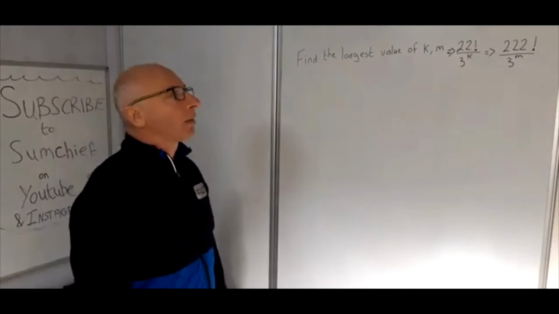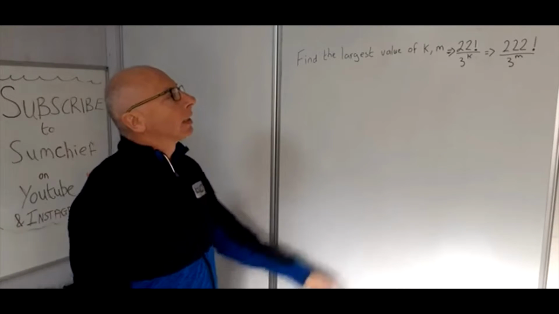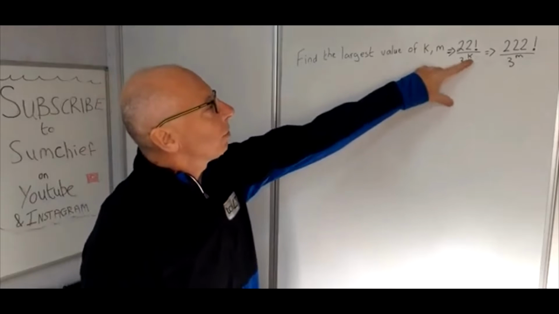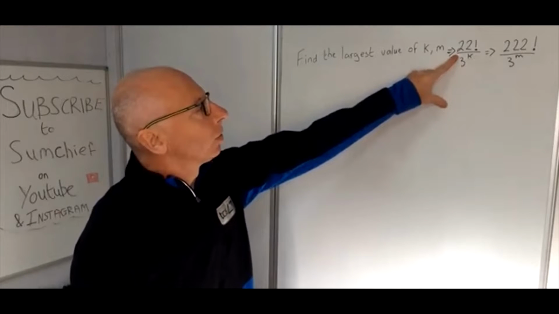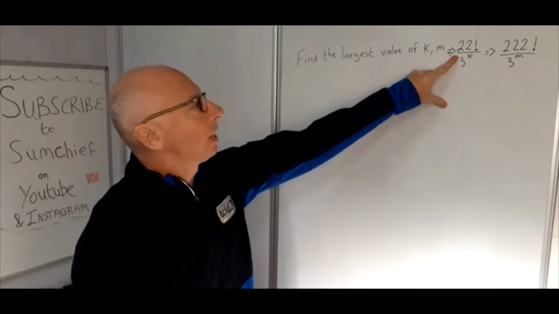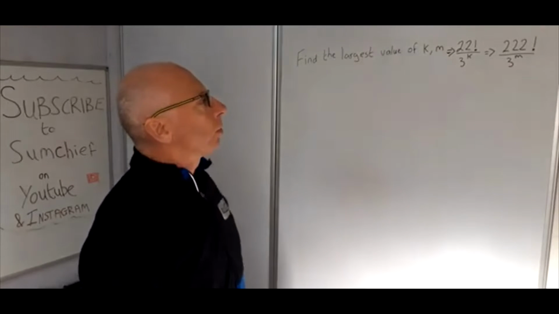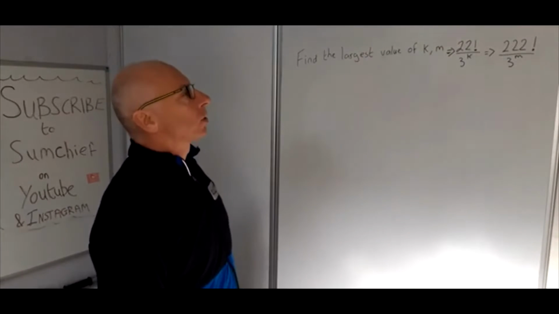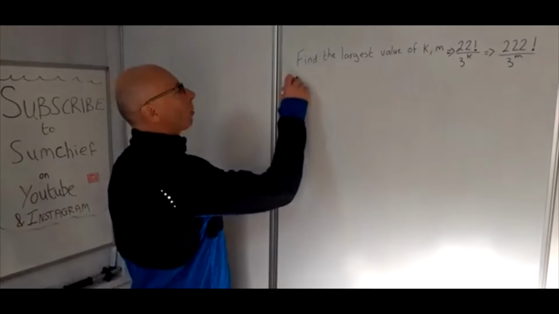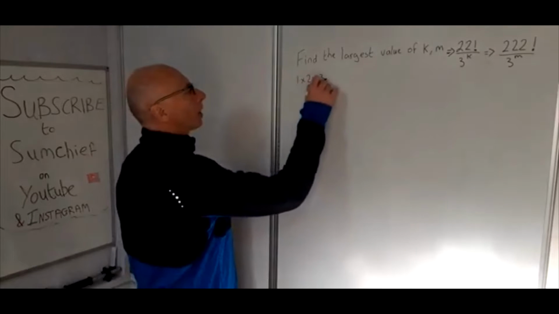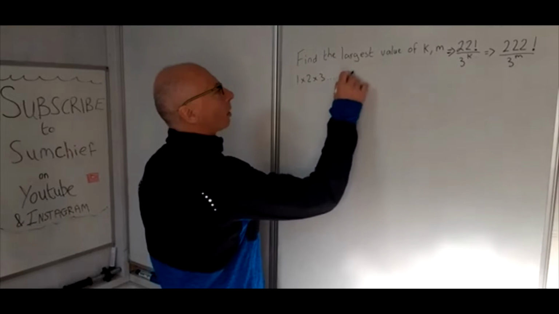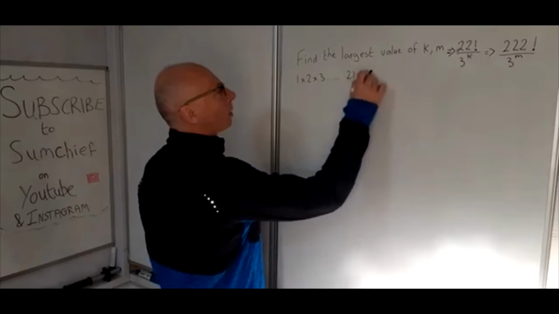So how do we go about finding that? Well, for something divided by 3 to the power of k, first of all, it must be divisible by 3. So what's going on here? 22 factorial is 1 times 2 times 3 all the way along to 21 times 22.